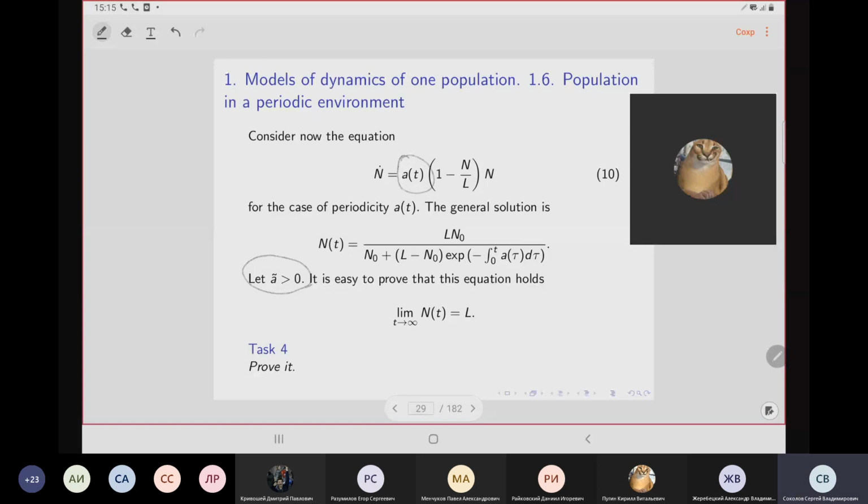Prove that the limit of our population will be n. So it's a task for you.